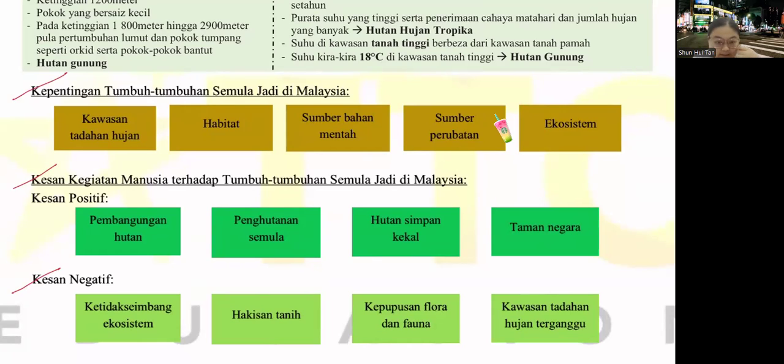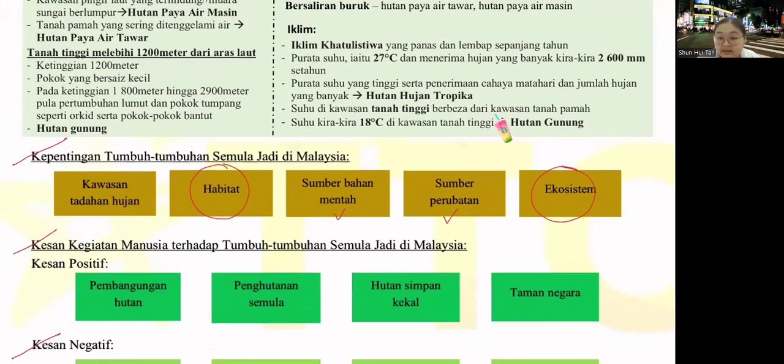Like I tell you, if they ask you importance towards human, you write bahan mentah, you write perubatan. If they ask you kepentingan tumbuh-tumbuhan hutan hujan tropika or hutan monsoon tropika, or whatever hutan, then your answer is habitat and ecosystem.